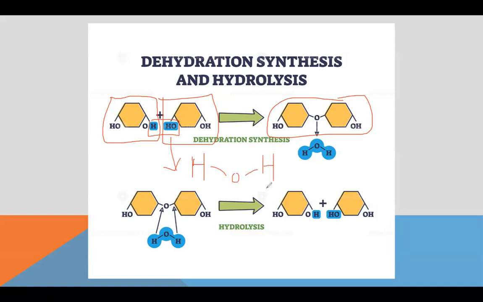That is a workable arrangement of atoms. And this allows you to use the remaining O as a bridge between the 2 molecules to link them together. That's called dehydration synthesis.